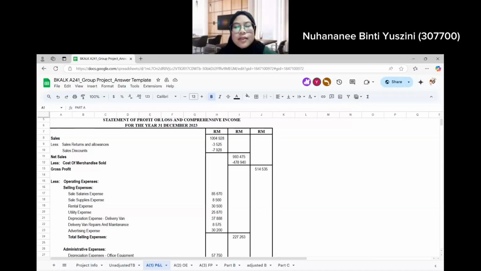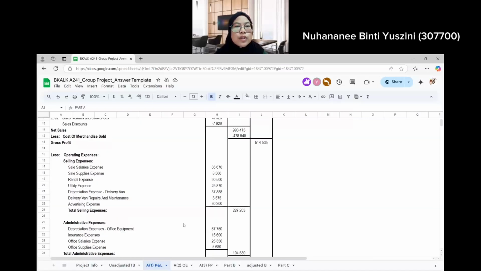The next thing is we need to deduct the cost of merchandise. For every question it will be different. For this question, we are not given any information on cost of merchandise, only the total cost, so we deduct the total cost only. Here it is 478,940. So the gross profit will become 514,535.